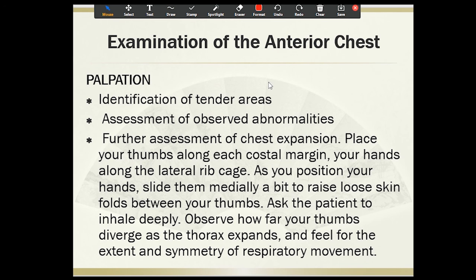Then palpation. With palpation, we still try to find any tender area first, and then we check the chest expansion. This is pretty similar to what we do on the back.